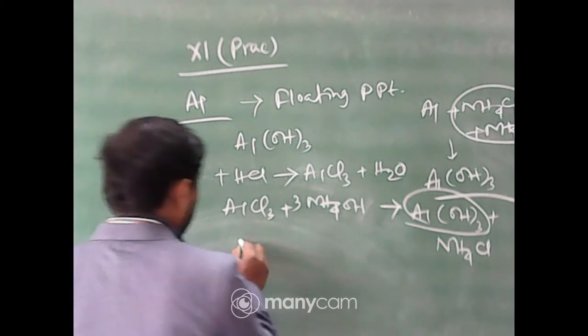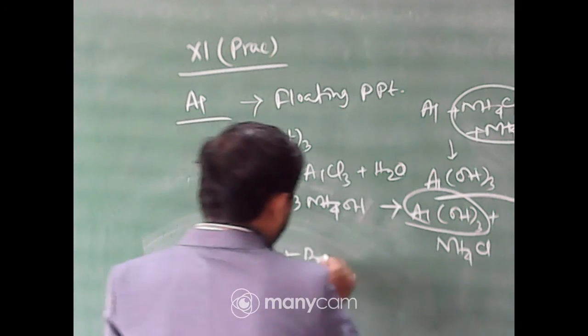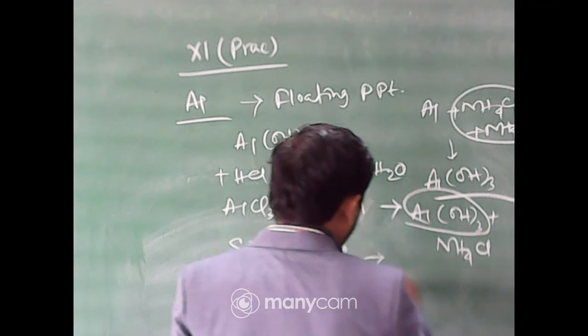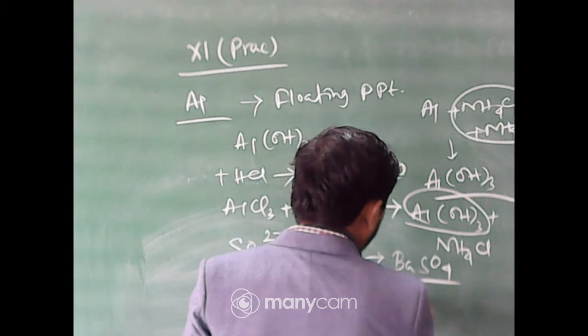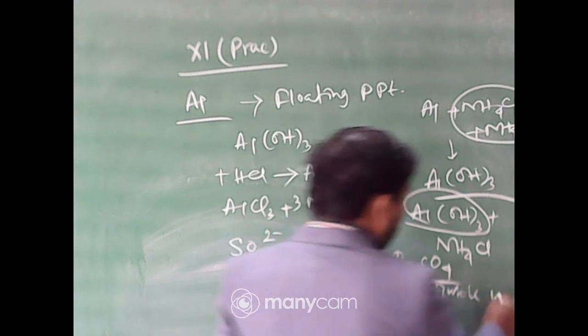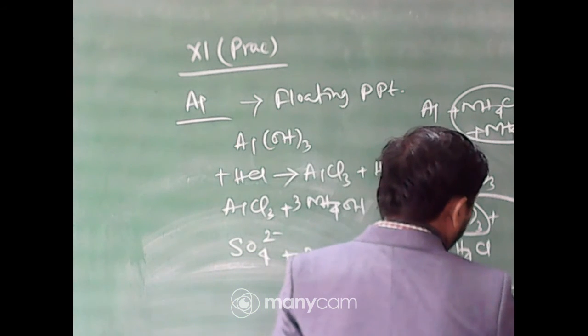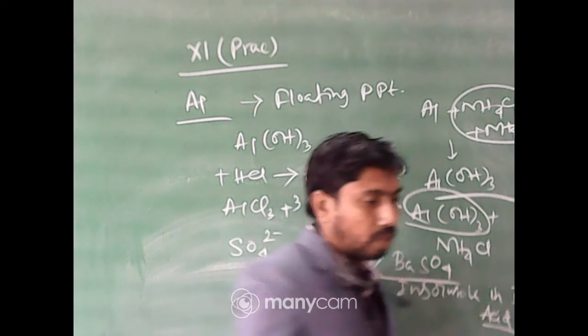Sulfate plus barium chloride solution will produce barium sulfate. The barium sulfate is insoluble in inorganic acids, that is dilute HCl, dilute H2SO4, etc.